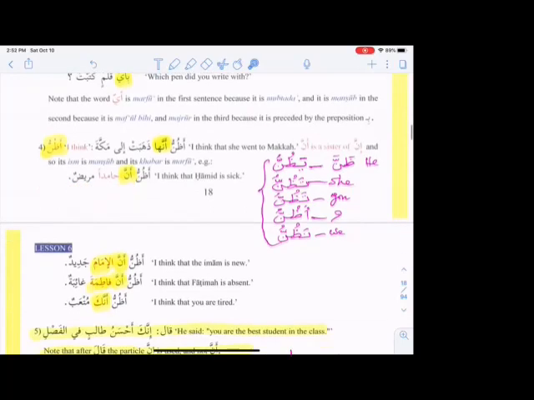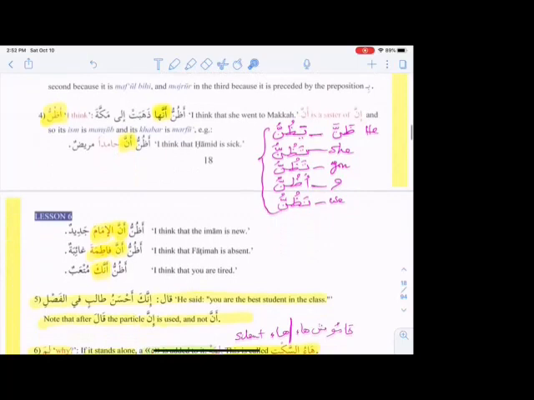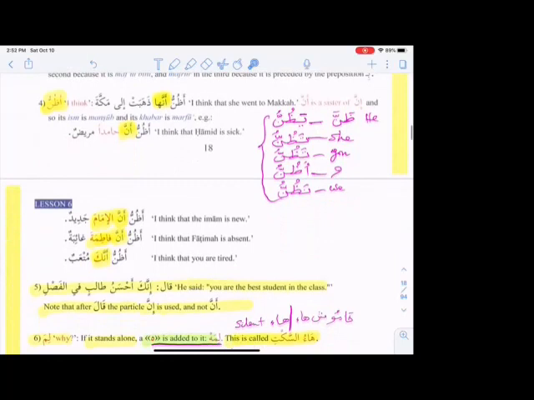We are going to learn more and more about it. Here are very important points. They are very important points we are learning and we should learn, inshallah. It's not difficult. Nothing is difficult now. Okay. أظن أن الإمام جديد. I think that the Imam is new.